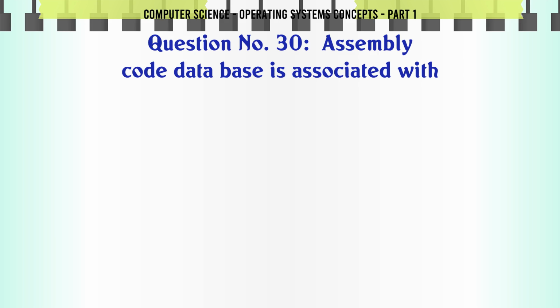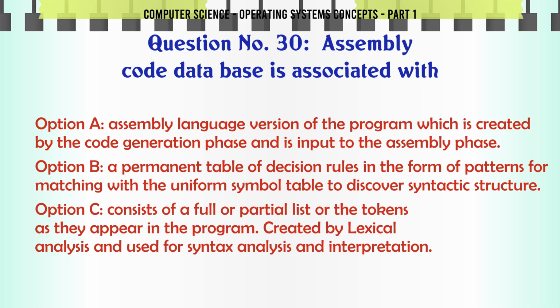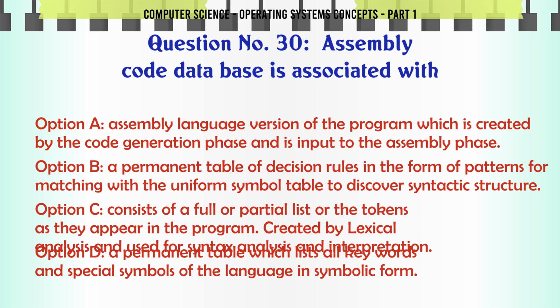Assembly code database is associated with A. Assembly language version of the program which is created by the code generation phase and is input to the assembly phase. B. A permanent table of decision rules in the form of patterns for matching with the uniform symbol table to discover syntactic structure. C. Consists of a full or partial list of the tokens as they appear in the program.